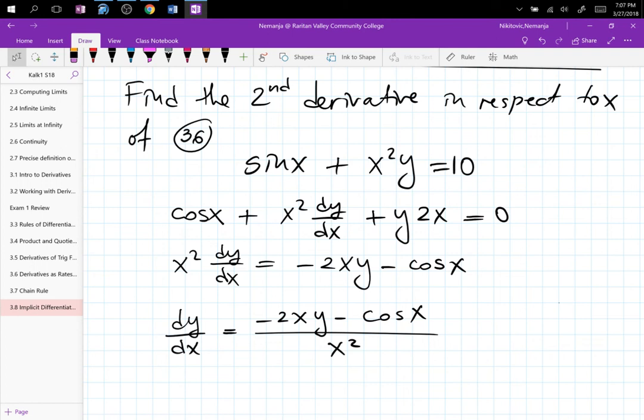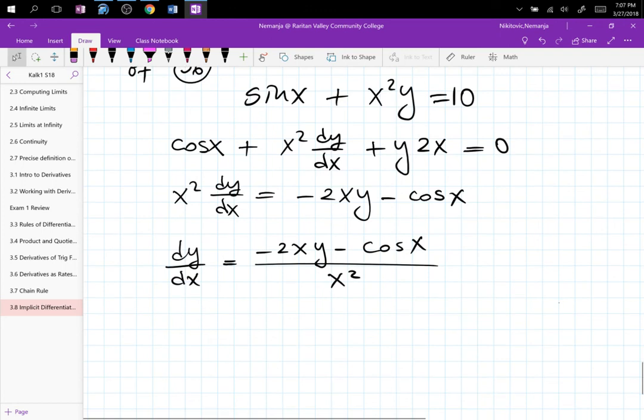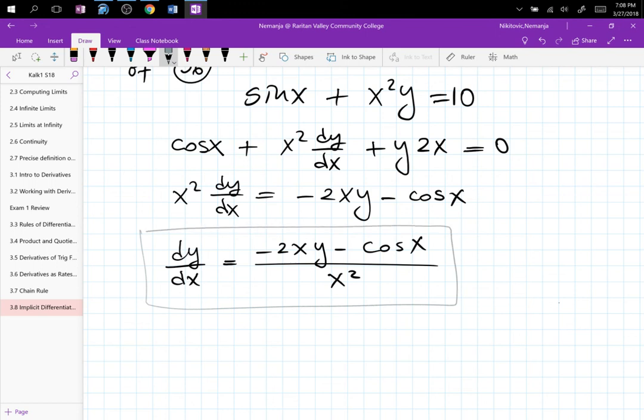That means we have to take another derivative. And yes, it's a quotient rule. This is like the in-between step. And now we take another derivative of that with respect to x to get to the second derivative, because that's what we want.